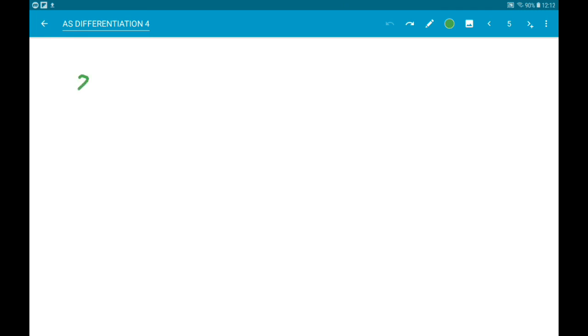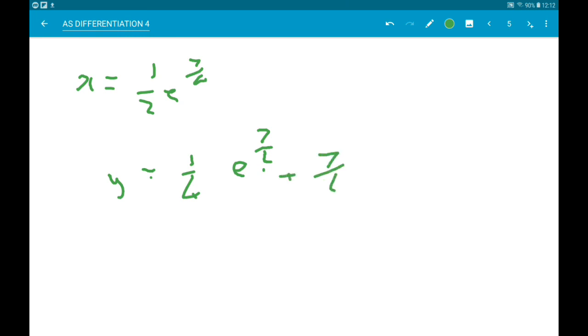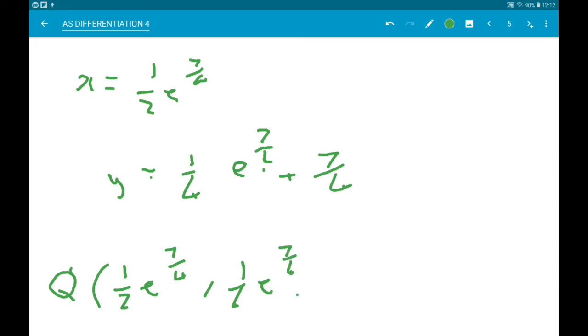So when x is 1/2 e to the 7/4, y is 1/2 times that, so that's 1/4 e to the 7/4 add 7/4. So the point Q is (1/2 e to the 7/4, 1/4 e to the 7/4 add 7/4). Good times.